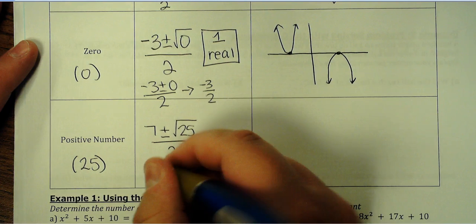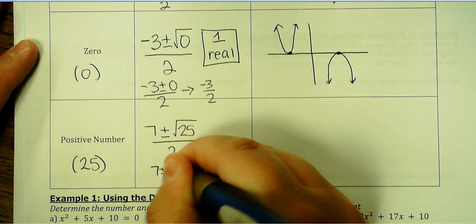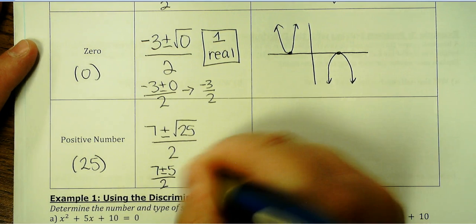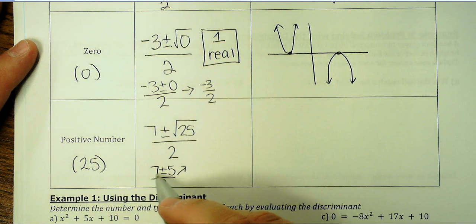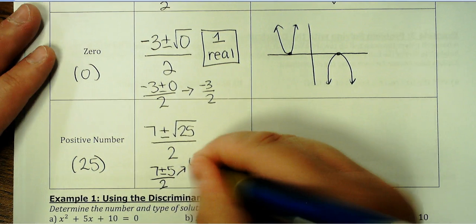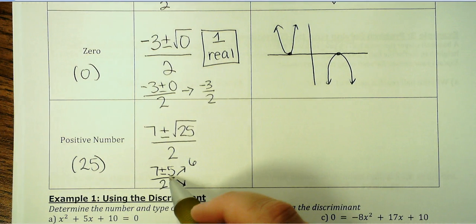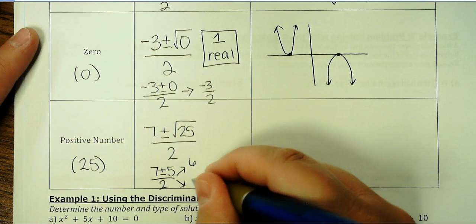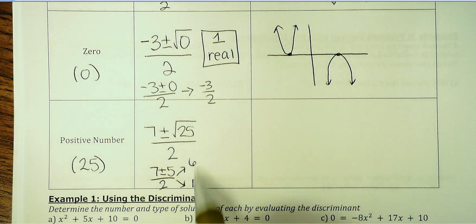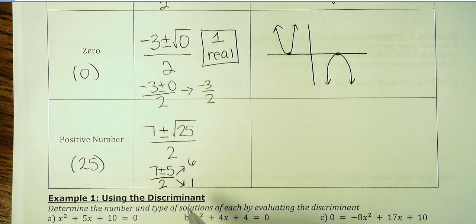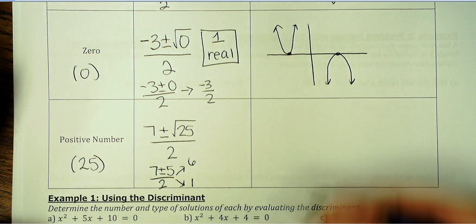If you were to actually simplify this, you'd have 7 plus or minus 5 over 2. So if I did 7 plus 5, that'd be 12, divided by 2 would be 6. And if I did 7 minus 5, that'd be 2, divided by 2 would end up being 1. Those are both real numbers. Those would both be the places that that particular example would cross the x-axis.